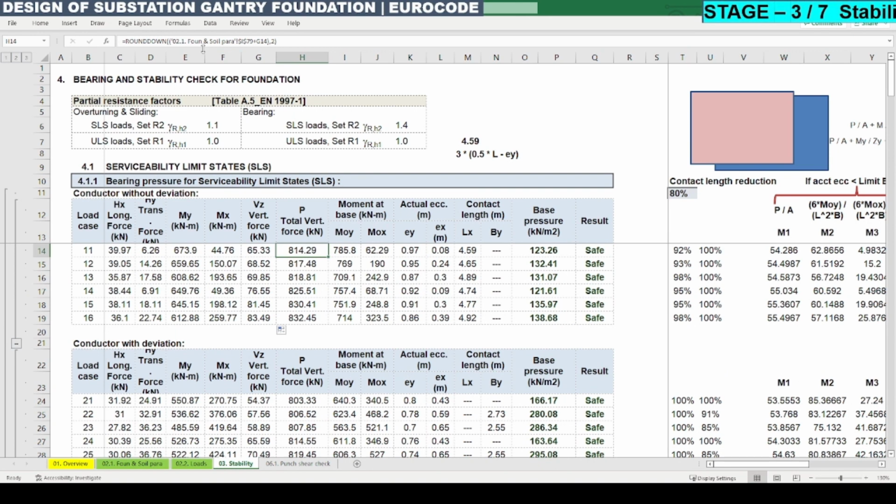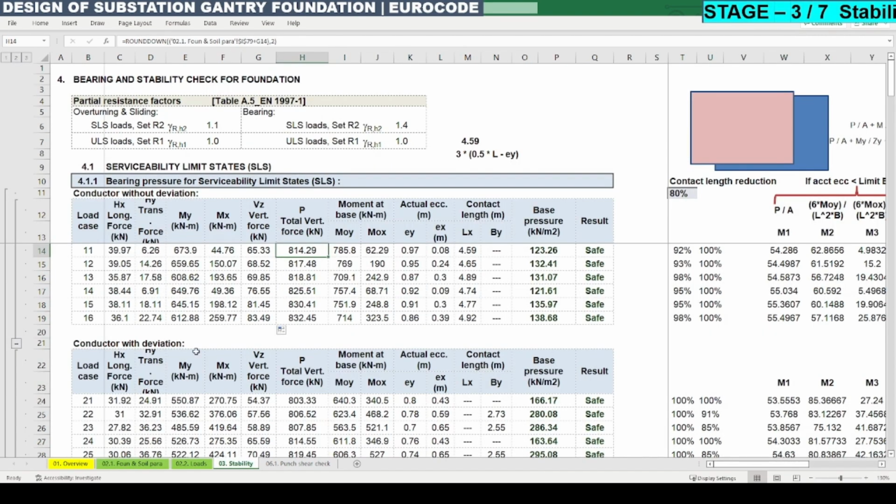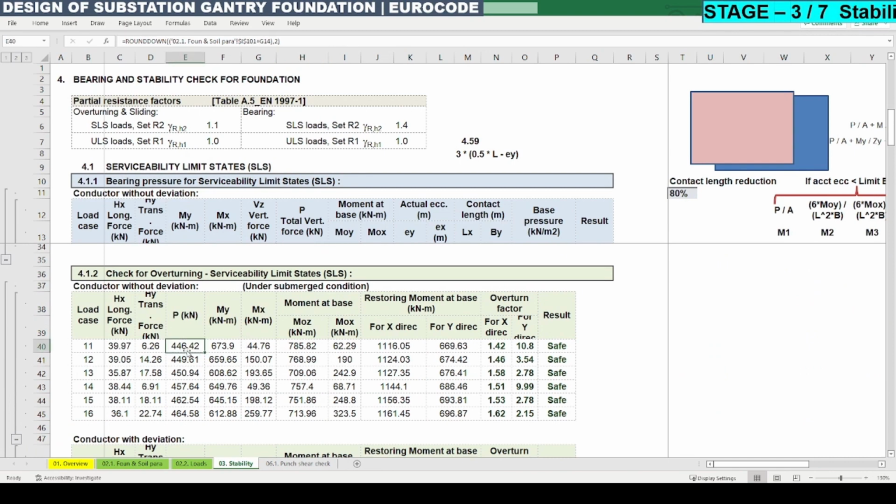Now you can see here that the foundation soil parameter we are considering is I79, the cell defined as dry weight. And coming to the overturning, you can see this weight is 446, which is derived from I101.